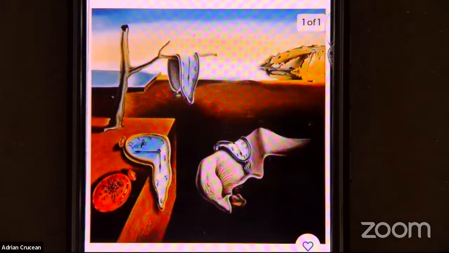Oh, who is this? This is Salvador Dali, isn't it? Exactly. And I think this is what you mean by the expansion of the primary ring. You're showing us there how we've got the orifice of the tricuspid valve with that lovely clock that is bent over the corner of the table.